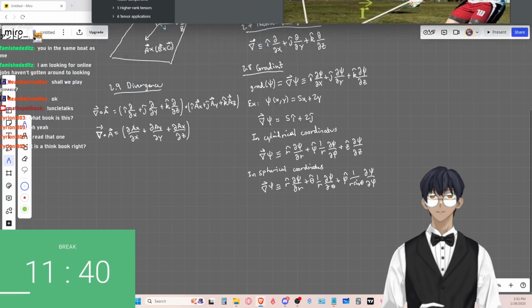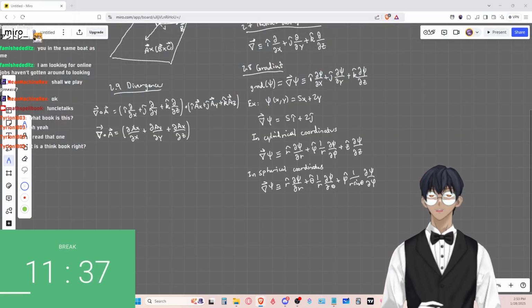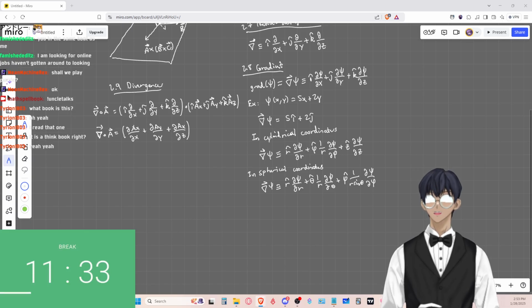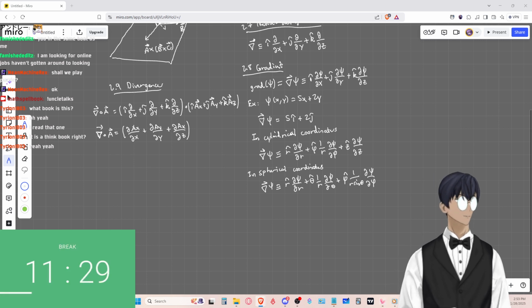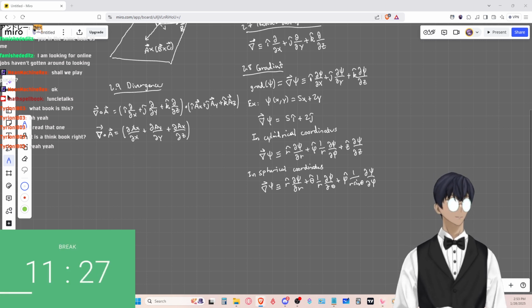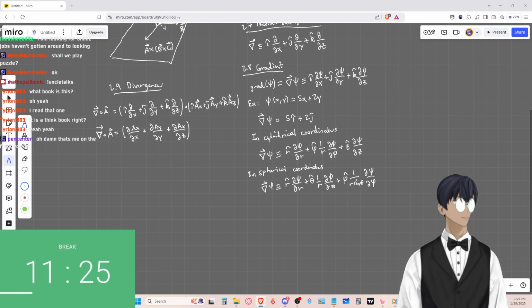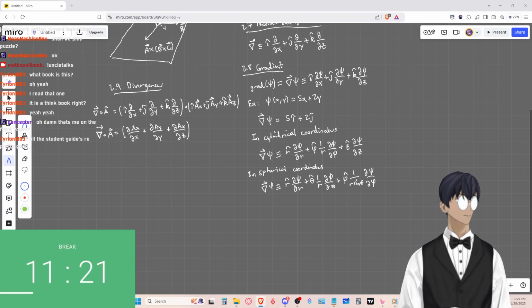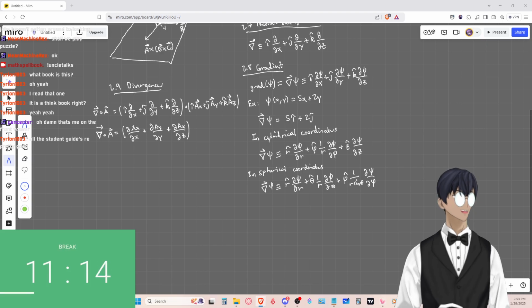Yeah, I really like this book because the author does a good job of actually explaining things in a very slow and transitional manner. So that's why I think it's a really good book. It is a thick book, right? Damn, that's me on the cover.